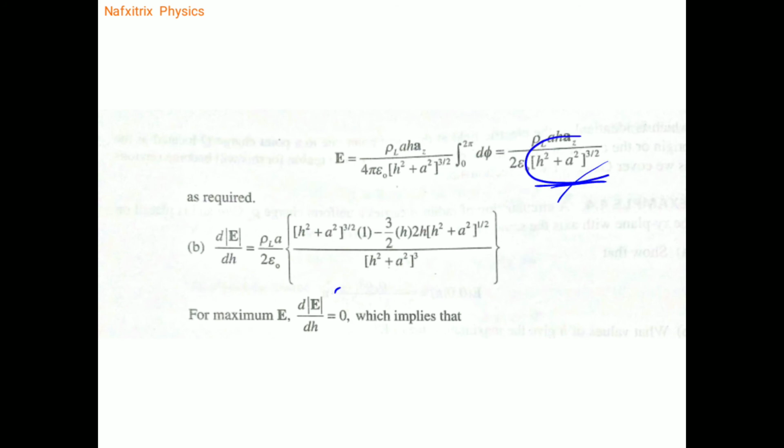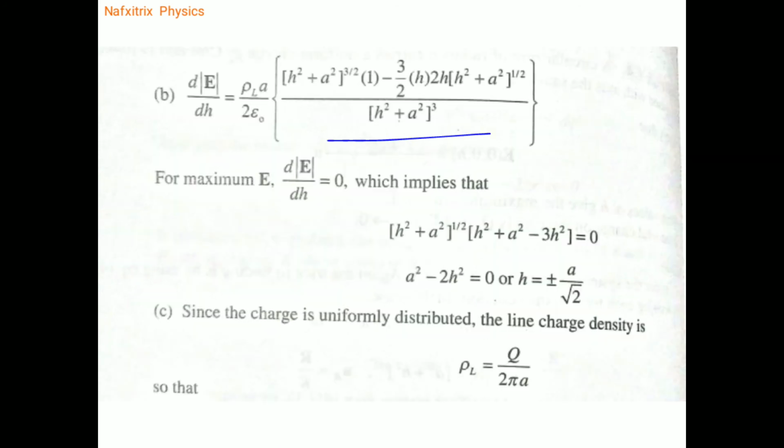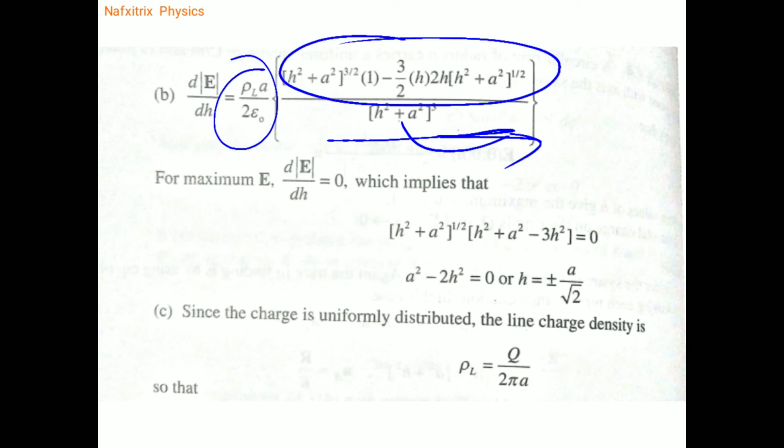So v square is nothing but this whole square, that means 3 by 2 whole square, the 2 would get cancelled, whole cube. So h square plus a square whole to the power of 3. So for E to be maximum, dE by dh must be equal to 0. So this entire thing must be equal to 0. So everything would go to that side, and what would remain is only the numerator value.